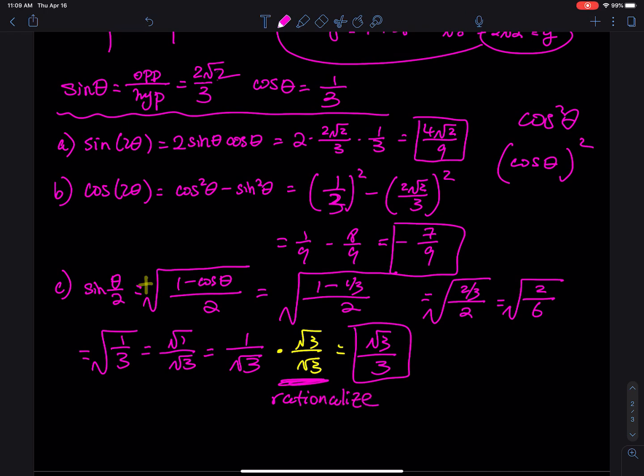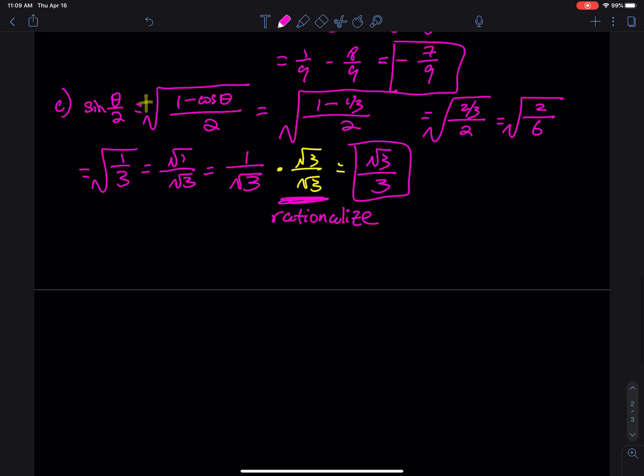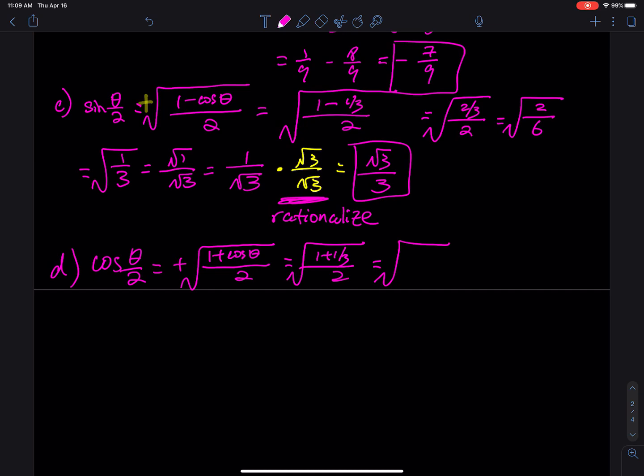For the answer. And then part D, you have cosine of theta divided by 2. Again, that is in quadrant 1, so we take the plus. This is the square root of 1 plus cosine theta divided by 2. So that is 1 plus 1/3 divided by 2. Then you have 4 over 3 divided by 2, then you have 4 over 6.